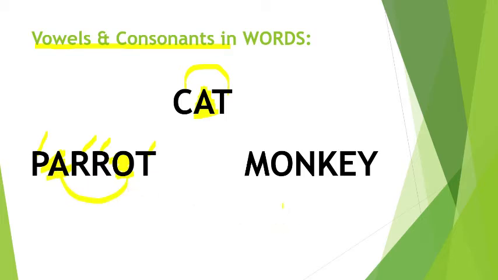And here another word we have is M-O-N-K-E-Y, monkey. In monkey, there are 2 vowels, one is O and another one is E. These 2 are vowels and the rest of them are called consonants: M, K, Y. Now we have learned about vowels and consonants.